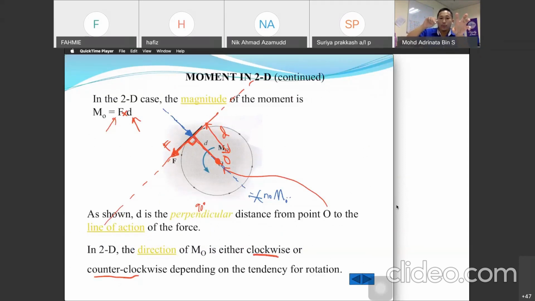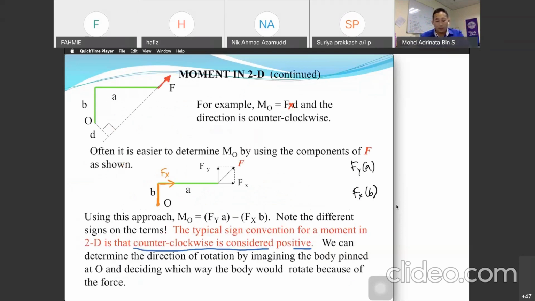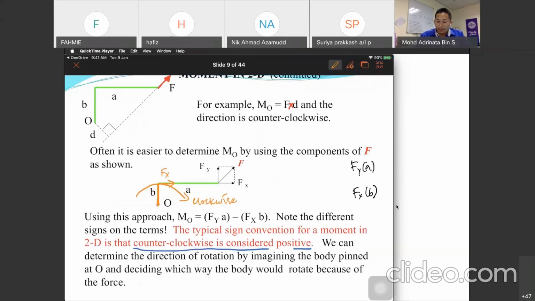For moment, counterclockwise is positive. So fix your O, and you will find that your Fx is in the clockwise direction. Clockwise is negative.